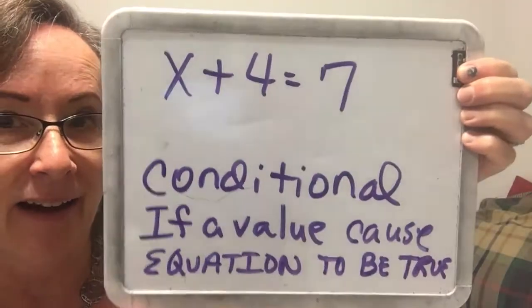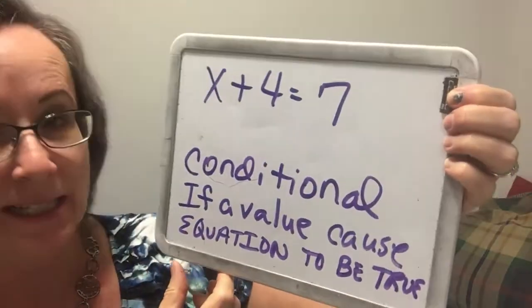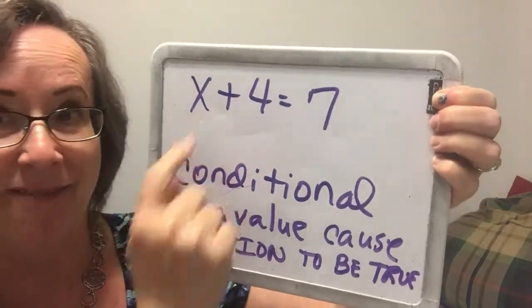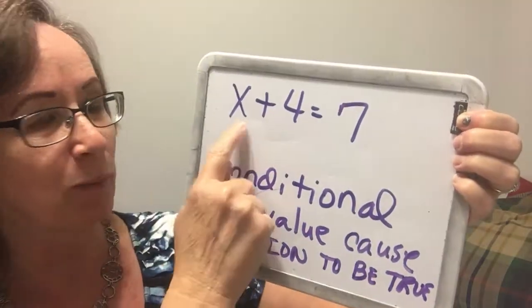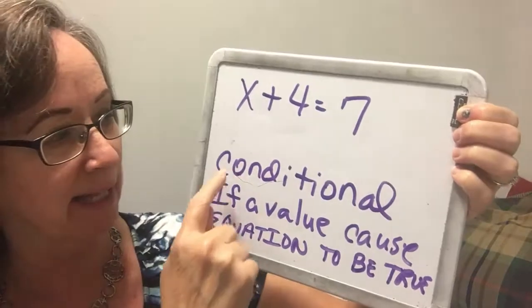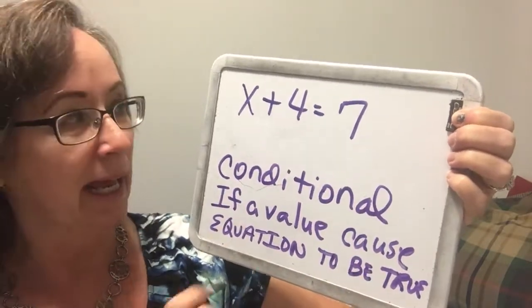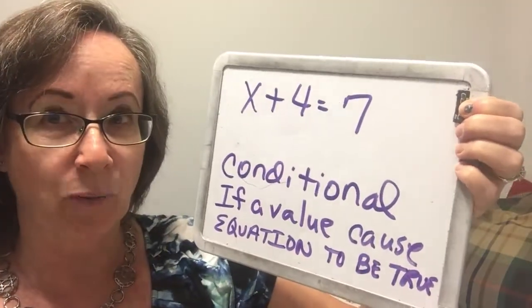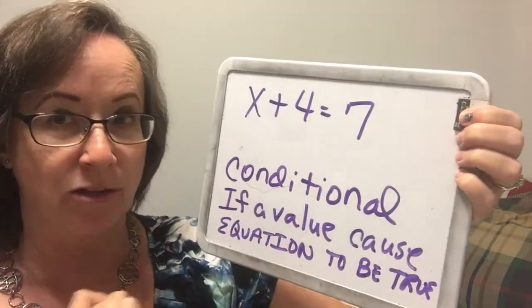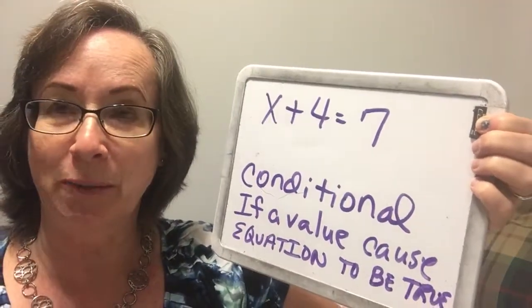Okay, so let's look at this one here. Now, this looks a little different. We don't have just numbers in here. We have a variable. And since we don't know what the variable is, we call this a conditional equation. If we replace it with something that makes the statement true, then it will be a true equation.